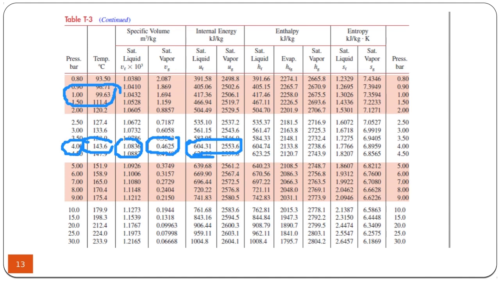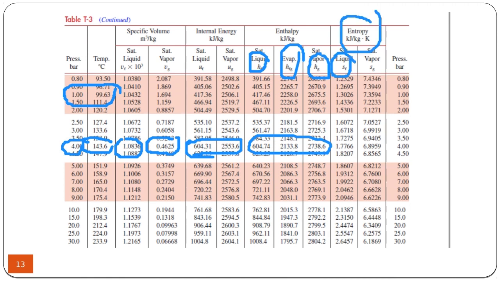The first one is the enthalpy of the saturated liquid. The last one is the enthalpy of the saturated vapor. And in between, you have the difference of saturated vapor and saturated liquid. And finally, we have the last two columns belonging to entropy, again, saturated liquid and saturated vapor.